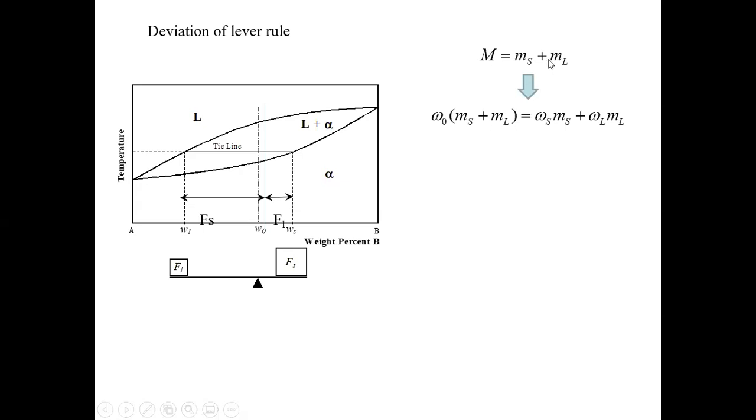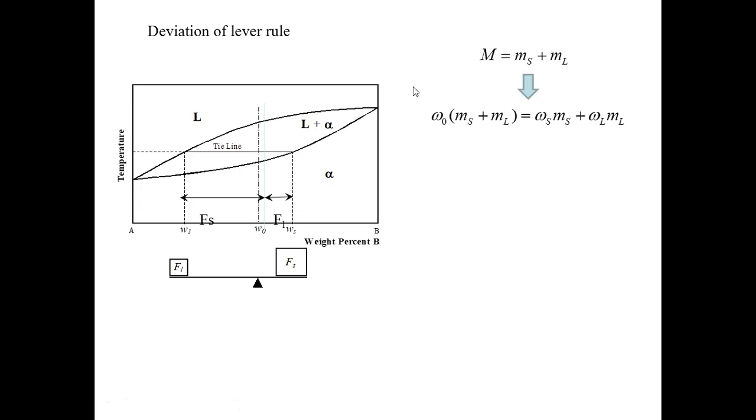The first one is conservation of mass, and the second one I call the conservation of solutes, because look at the left-hand side of this equation. What is omega naught? Omega naught is the initial composition of the system, right? If you prepare the system at high temperature as a homogeneous liquid state, omega naught gives you the overall composition of this liquid. And what is ms plus ml?